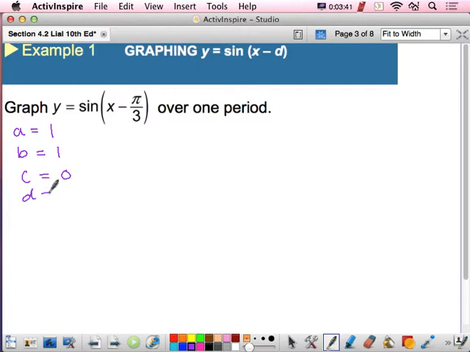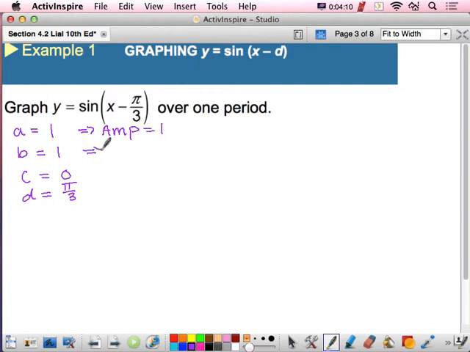And little d is what is subtracted on the inside. So little d is the opposite of what you think. It is positive pi over 3. Now we're going to talk about what each one of those tells us. What does little a tell us? It tells us the amplitude of a sine and cosine graph. So our amplitude is the absolute value of 1, which is 1.